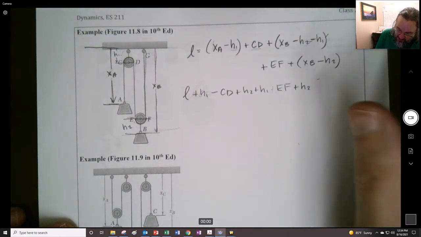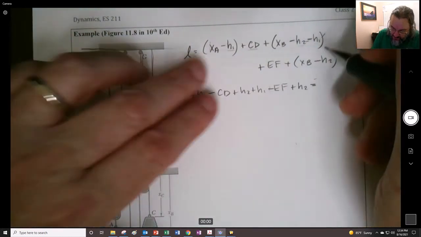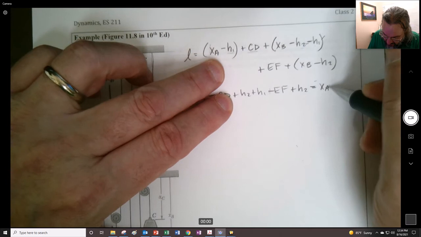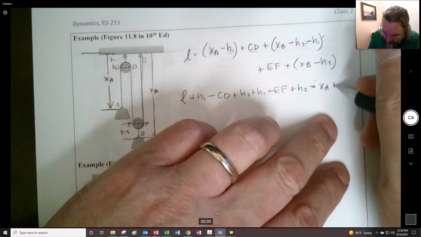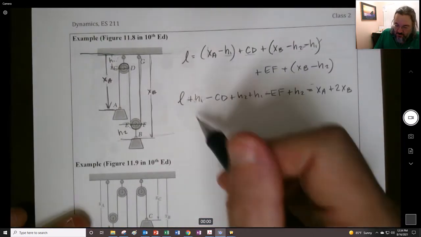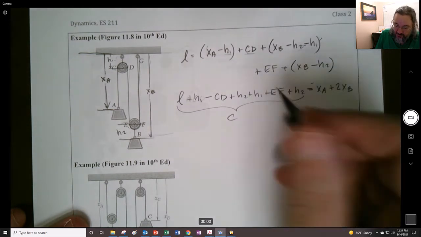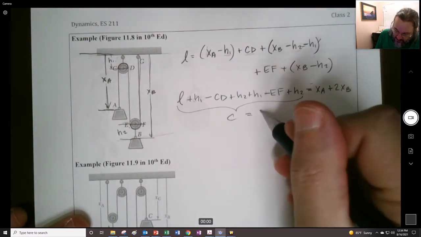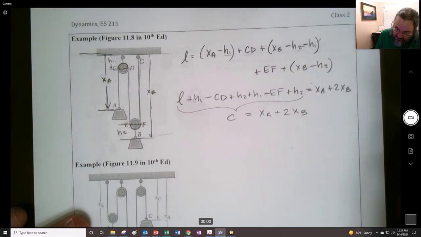We jumped him over to the other side. Is going to be equal to XA, and there's an XB and it's plus 2XB. We could lump all these together and call that C and say that it's equal to XA plus 2XB.